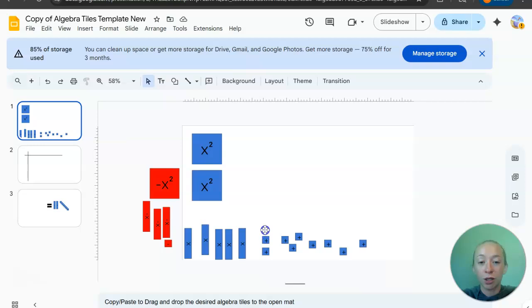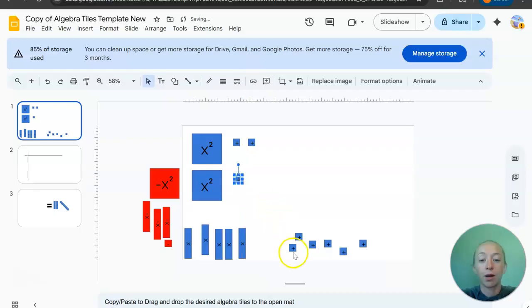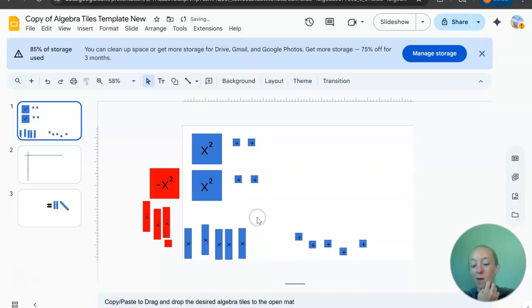And then 2 times 1 is 2. So we're adding 2 to each of those. And all together, what do we have? We have 4x, because x squared is 2, 2, 4. 4x plus 1, 2, 3, 4. 4x plus 4.